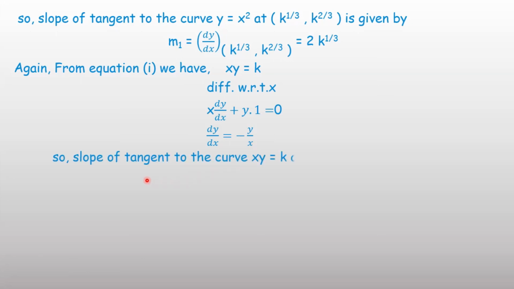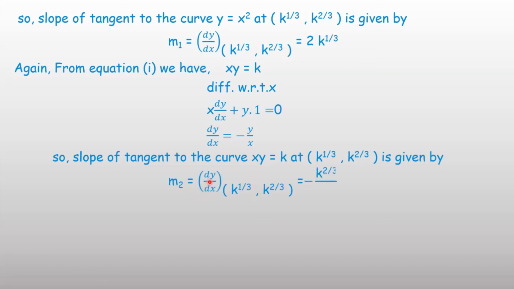Again, write down the slope of tangent to the curve at the given point, meaning m2 equals the value of dy by dx at k power 1 by 3, k power 2 by 3. In place of y, write down k power 2 by 3 upon k power 1 by 3. a power m upon a power n equals a power m minus n, means k power 2 by 3 minus 1 by 3 equals k power 1 by 3 with a minus sign.